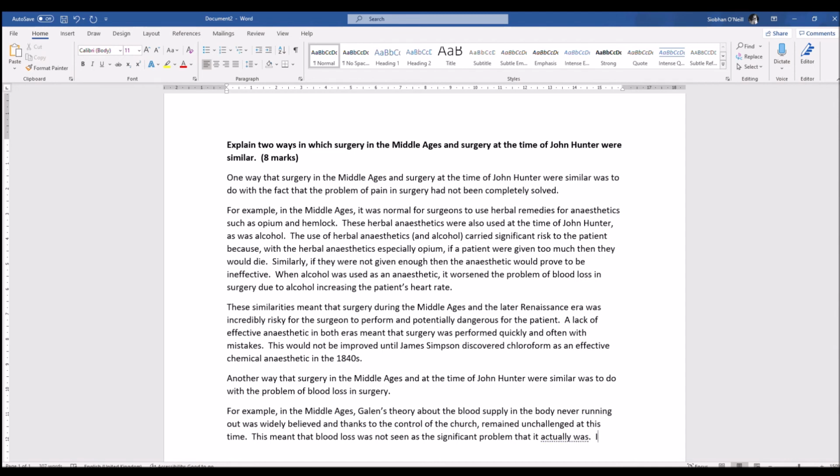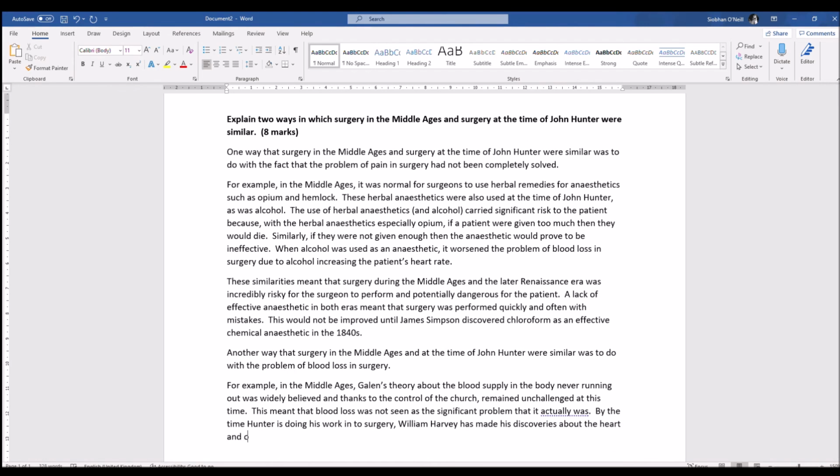In the time of Hunter, by the time Hunter is doing his work into surgery, William Harvey has made his discoveries about the heart and our blood supply, which proved Galen wrong.